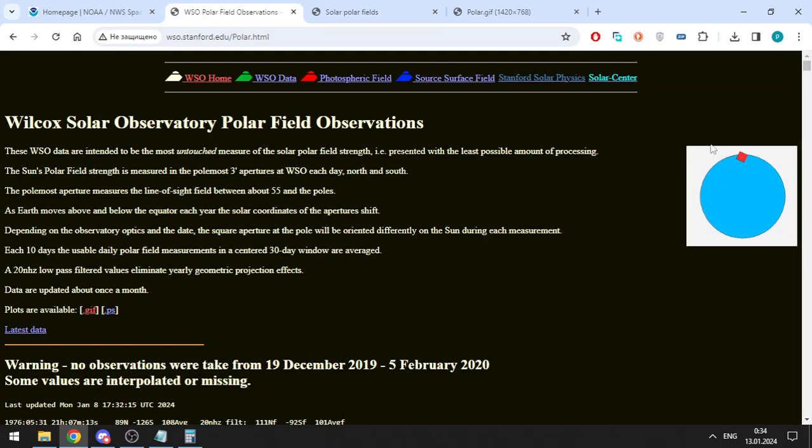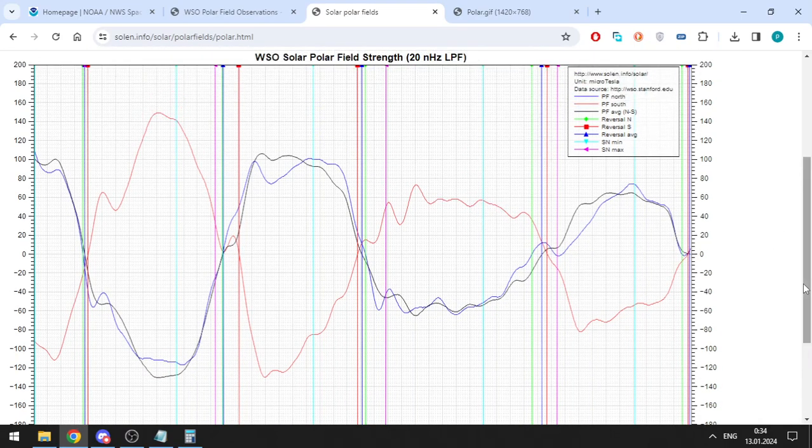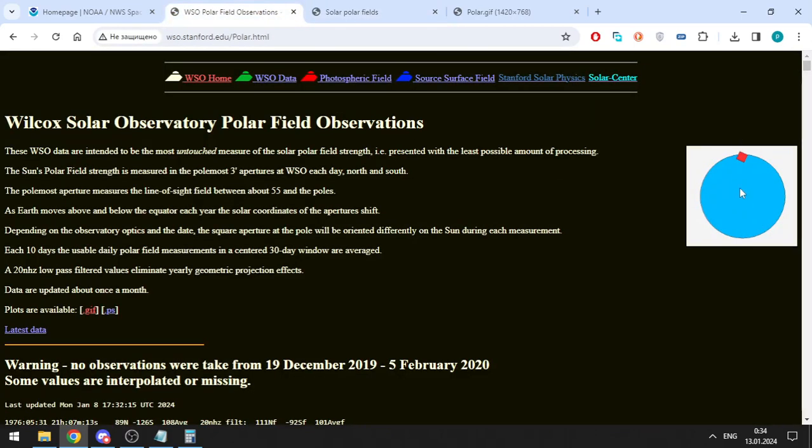And when there are a lot of lines entering the sun in the north, we get a positive red line, if that makes sense. So, long story short, when blue is very positive and red is very negative, it means the sun is basically like a dipole. So the lines exit the north, enter the south, okay?